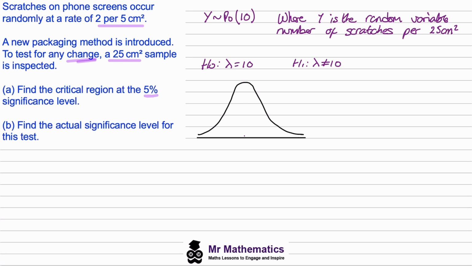The peak will be at the expected value, and because it's a two-tailed test, we're looking at the region to the left and to the right. So we'll have two critical values. I'll call this one C1 and this one C2. What do you think the area under each of these curves will be? So the area under the curves will be half a significance level. So this will be 0.025.